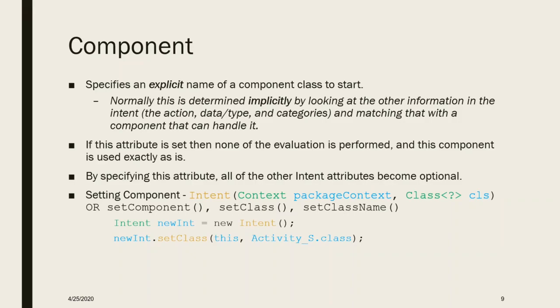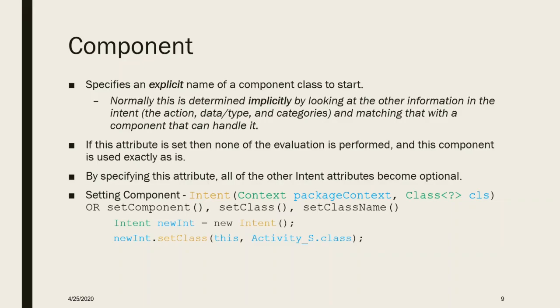Intents also have a component field that identifies the intent's target activity. You can set this field if you know that there is exactly one activity that should always receive this intent. By specifying this attribute, all of the other intent attributes become optional.